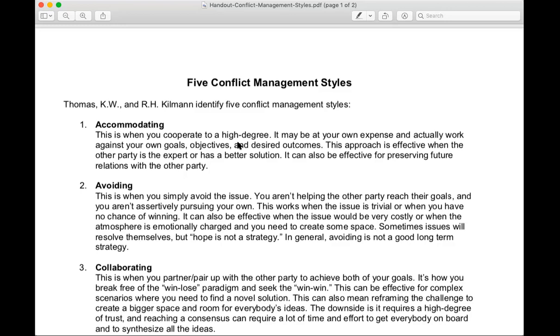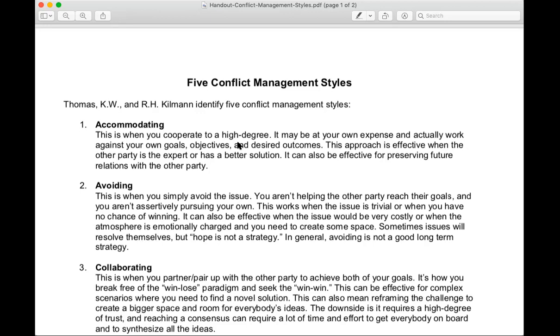Okay. Number 2, avoiding. This is when you simply do not want to deal with the conflict. You don't get your goals accomplished, nor does the other party get their goals accomplished. There's no assertiveness and there's no cooperation.